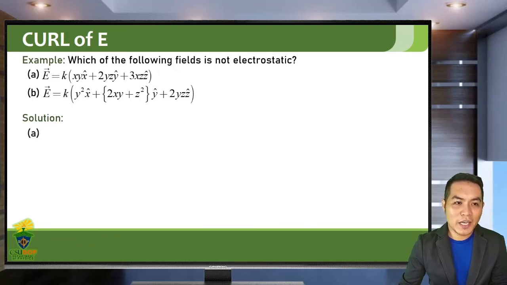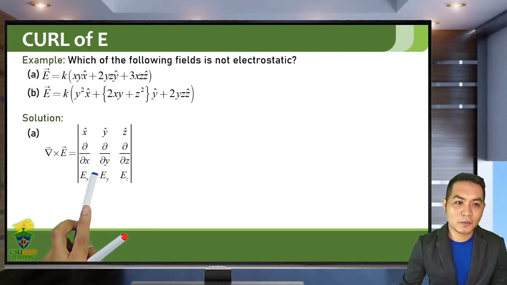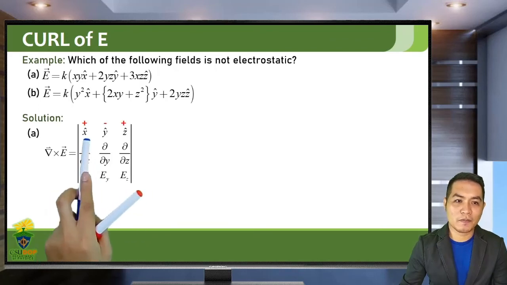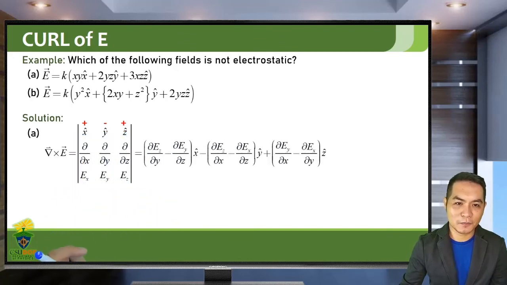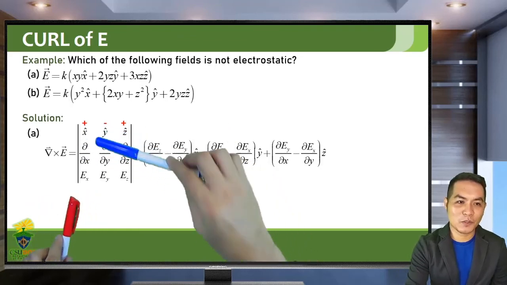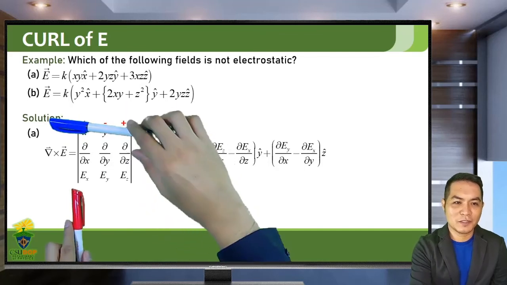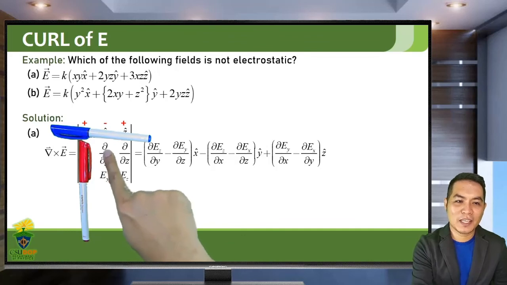For letter A, we just take the curl, so we use the formula. You know how to find the determinant of a matrix. In this case, we will use the expansion along the first row: positive x hat, negative y hat, positive z hat. To find the positive x hat component, you cover that row and column, and then you get the cross terms.